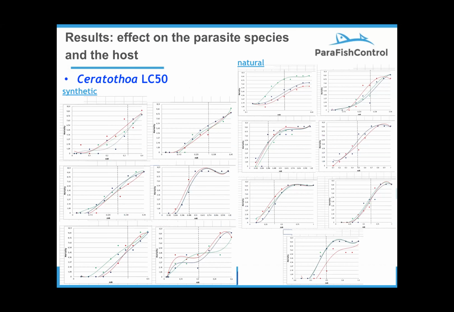And in this slide, you are seeing the graphs and the basic results for the synthetic and the natural compounds. You see a vertical line crossing the graph. That one shows you the LC50 of each compound. I didn't put the names of the compounds, so you see the results without names, because we are still in the process of deciding whether it's going to be published or whether we are going to test some of them further.